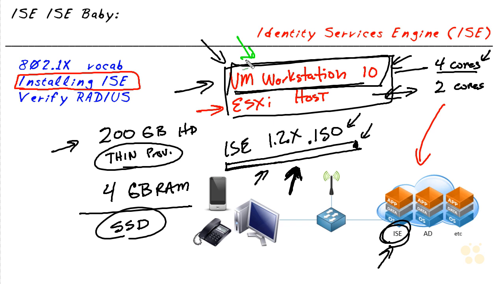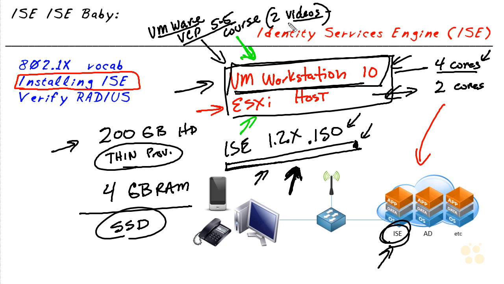Now, the other question that might come up is, okay, Keith, how do I install a new virtual machine if I have the ISO? How do I install a new virtual machine inside of VMware Workstation? Or how do I install a new virtual machine as part of an ESXi host? And what I think would be the most effective use of your or my time is to refer you to the VMware VCP 5.5 course.